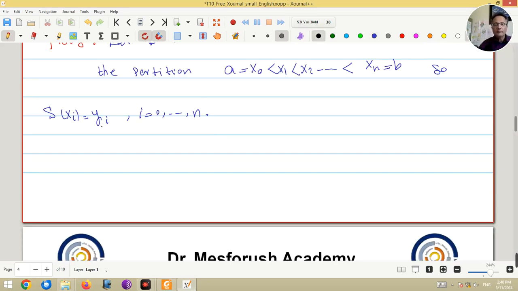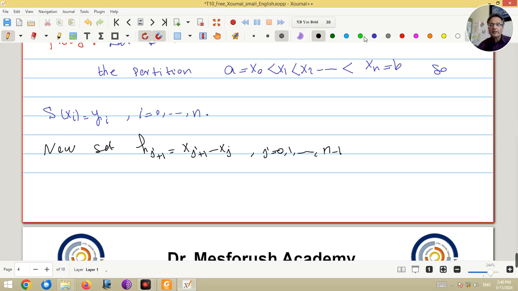Now consider the length of the j plus 1th subinterval. Set hj plus 1 equal to xj plus 1 minus xj for j equal to 0, 1 to n minus 1.